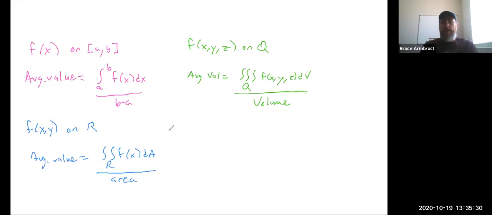And like I said, this is one of the applications of triple integrals, finding the average value over some solid. So you think about this problem, we were told how temperature is distributed. What we're going to be able to do is, using that triple integral, calculate the average temperature in that space. And you don't have to think very hard, I doubt, to come up with an idea of where that would be useful or why someone might care about average temperature in a given volume.